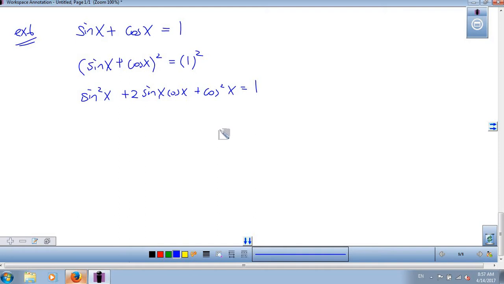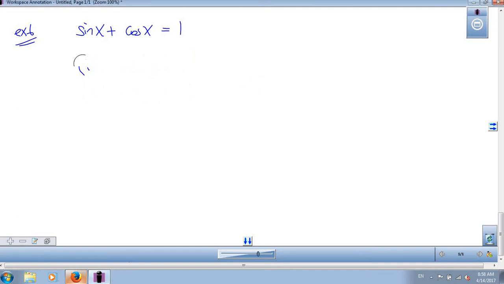Actually, I think I squared it the wrong way here, because when I square sine x plus cosine x, I introduced this middle expression. We haven't talked about what this expression equals. Of course, this is actually sine 2x, but that will introduce something before our time. We haven't done the double angle formula yet, and we don't want to do that. So that's not a good idea. Let me go back.